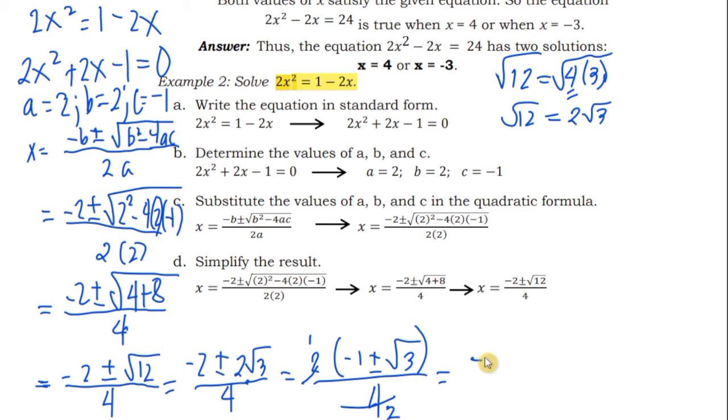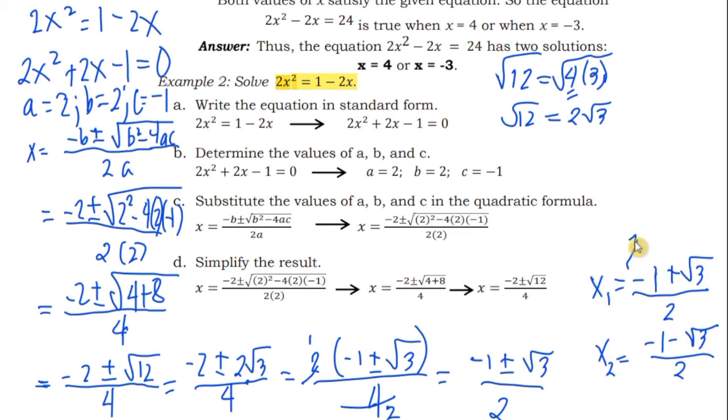We can simplify this as negative, taking out the negative sign as a factor: 1 minus square root of 3 over 2 for the first x. And then the other one is negative 1 plus the square root of 3 all over 2.